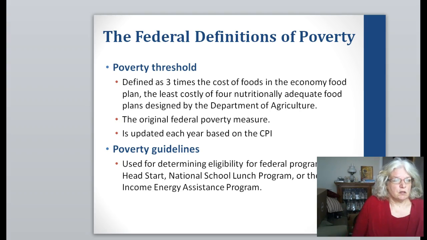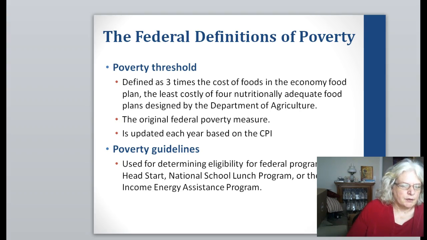So what's the definition of poverty? In the United States, they define it through a poverty threshold. And it's 3 times the cost of food, basically. And we have poverty guidelines placed into effect that allow students to receive support such as Head Start and the National School Lunch Program and LIHEAP, Low Income Energy Assistance Programs, depending on what your state is calling it at that particular time.